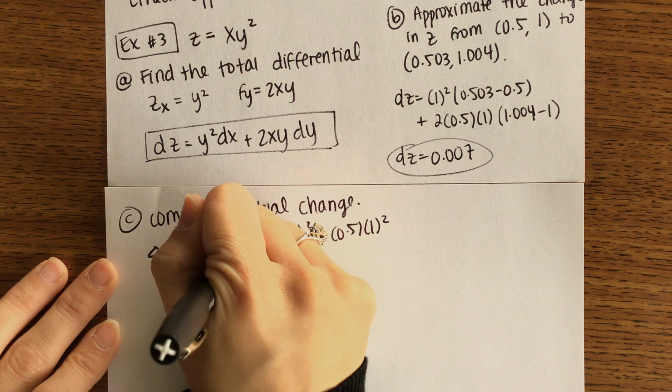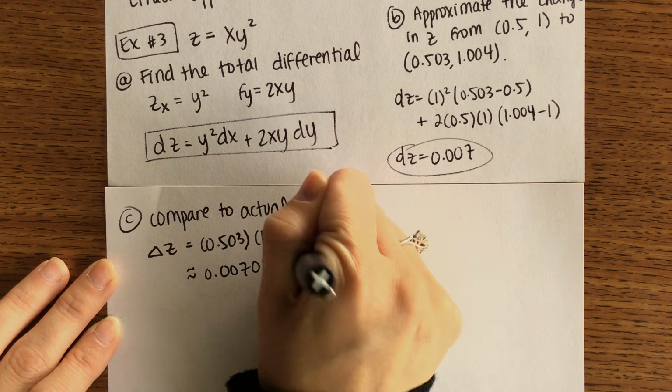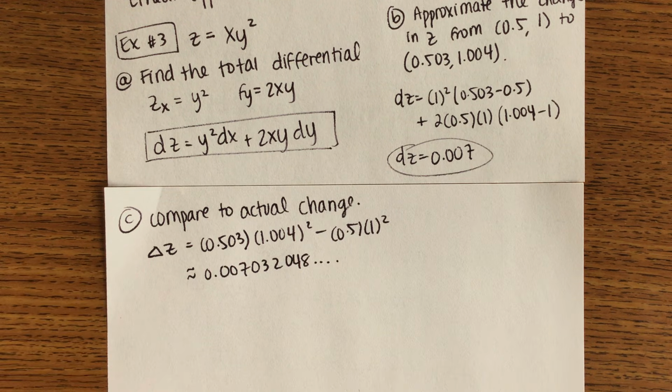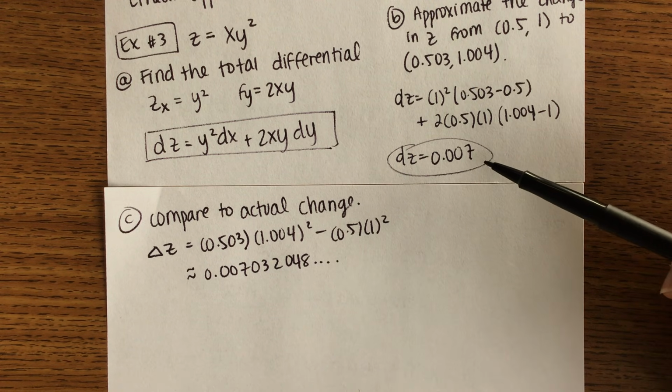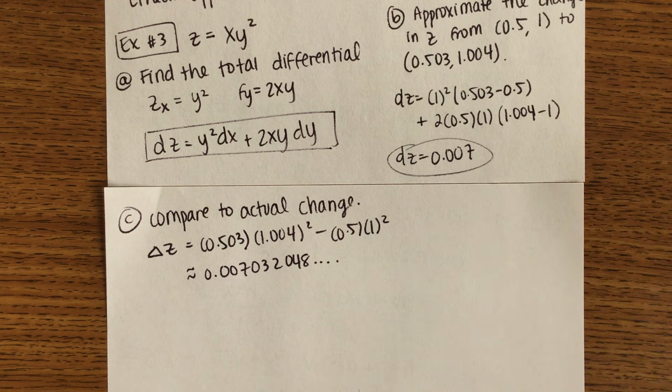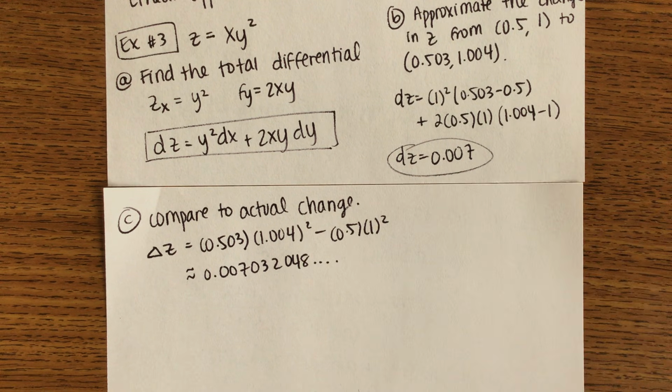And that ends up being about 0.007032048, and it keeps going. So this is the actual change. This is our estimate of the change. So this is the estimate for the actual change. Okay. Questions?